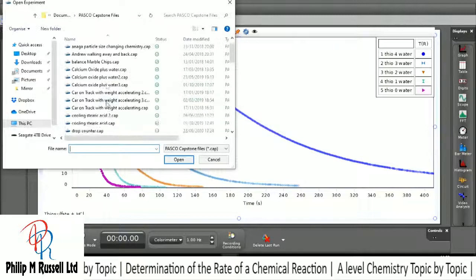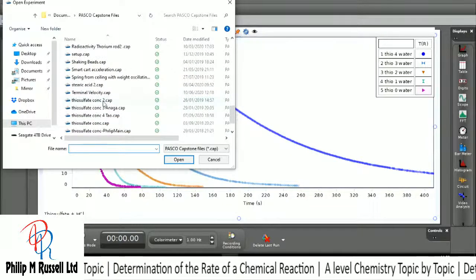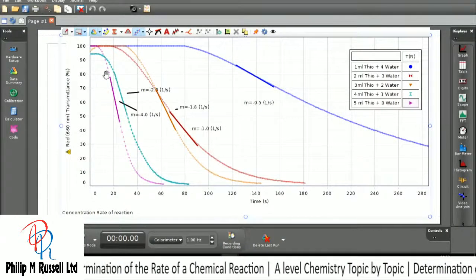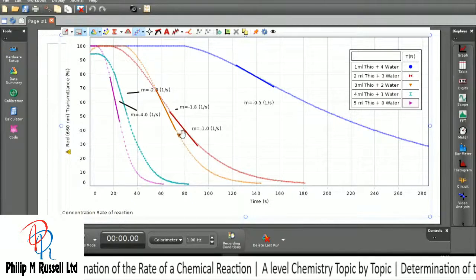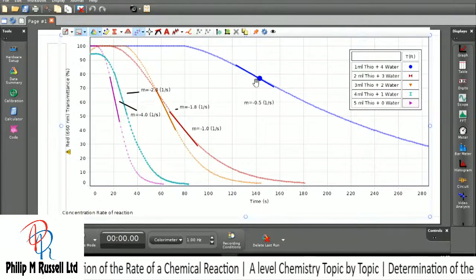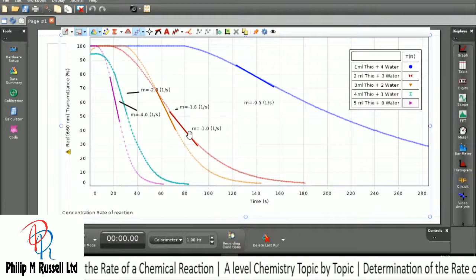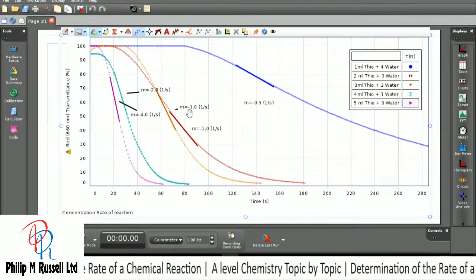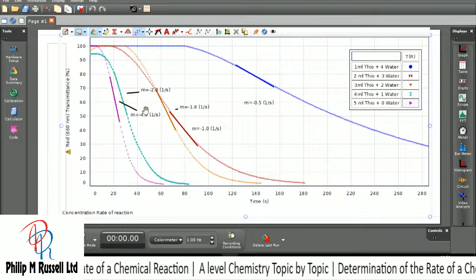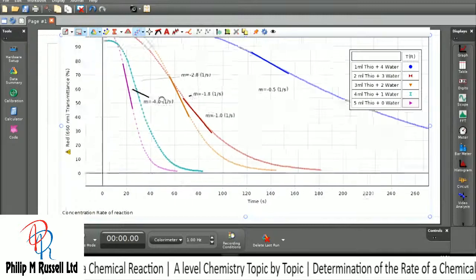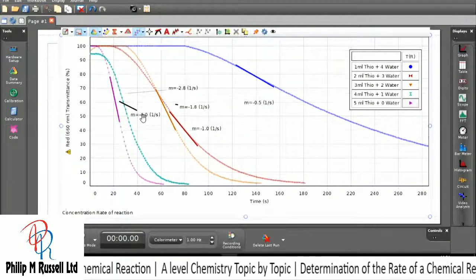then what I can do is find that when we do this several times, we get not necessarily quite the same results. This is an experiment done by another student, and we can see that my 0.5 coming up again, my next one 0.1, next one 0.18, next one 2.8, and the last one, whoa, 4.